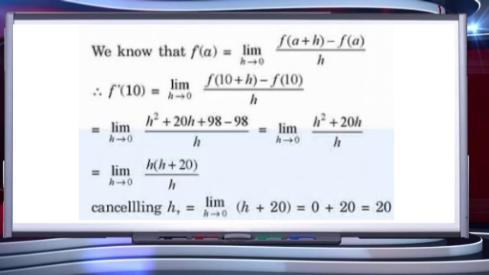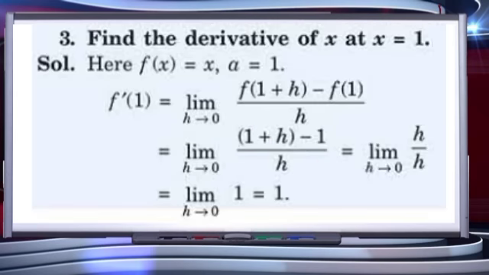Let us see one more example based on it. Example 3 is find the derivative of x at x equal to 1. So here f x is given as x and a is 1. Now f dash 1 by formula is given by limit h tends to 0 of f of 1 plus h minus f 1 over h. Here we are directly substituting this value.